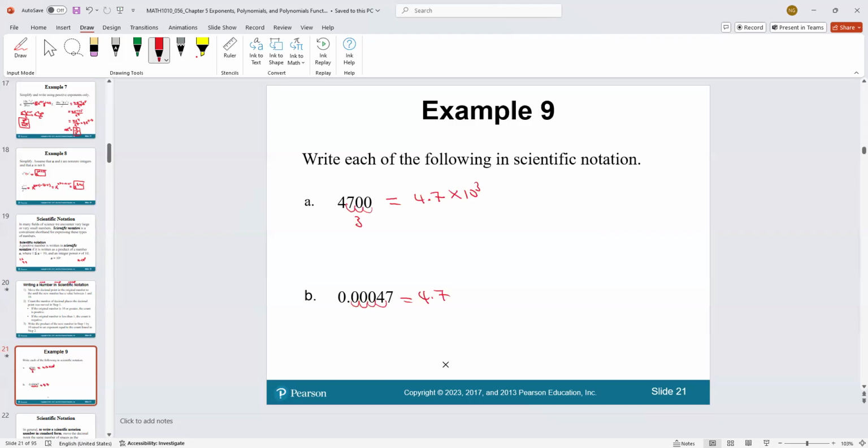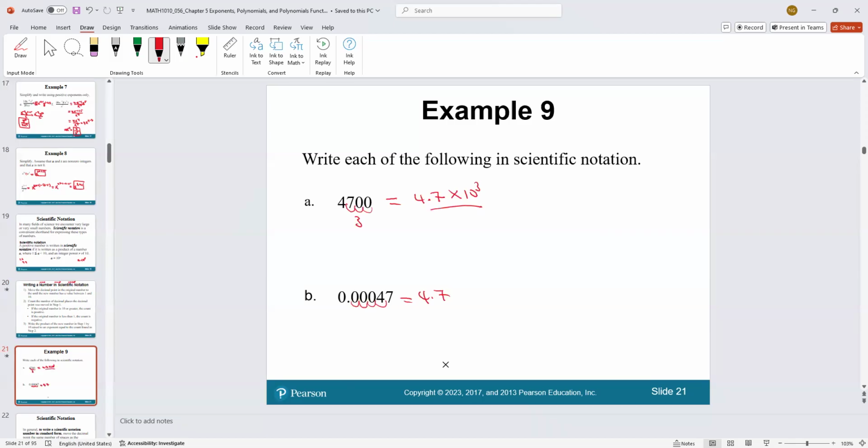We go from right to left so that the new number has a value between 1 and 10. Since we moved the decimal 3 places, the original number was greater than 10. Our count is positive 3. That's why we write 10 power 3 here.